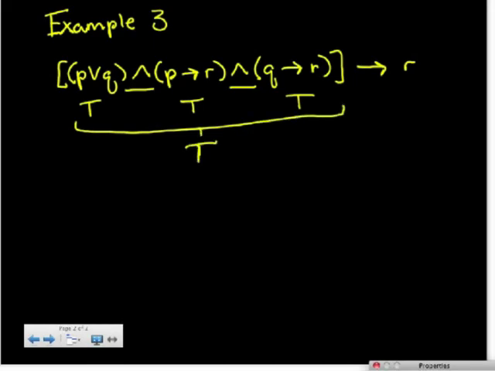And as a direct proof, we want this entire side to be true so that we can imply that this side is true as well.